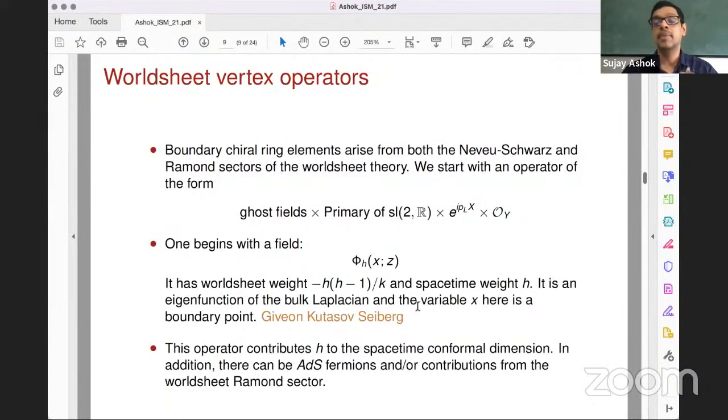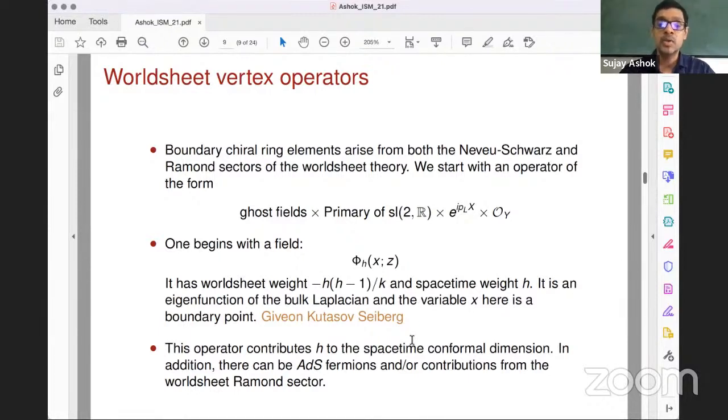Okay, so boundary chiral ring elements means that you are in the NS sector of the spacetime theory. These can arise from either Neveu-Schwarz or Ramond sectors of the worldsheet theory. This is the first point. So we start with a very general operator. We have some superghost fields, bosonic ghost fields, some primary of SL(2,R), some momentum mode along the S1, and some operator on Y that I don't know what it is at this moment. Now the SL(2,R) primaries have been very well studied by Giveon, Kutasov, and Seiberg.